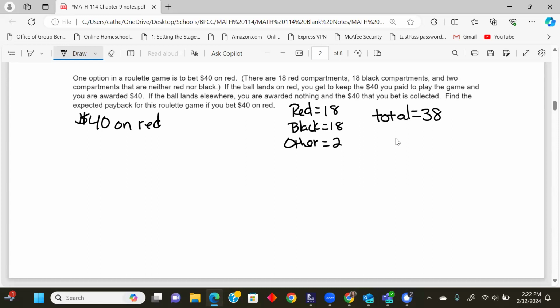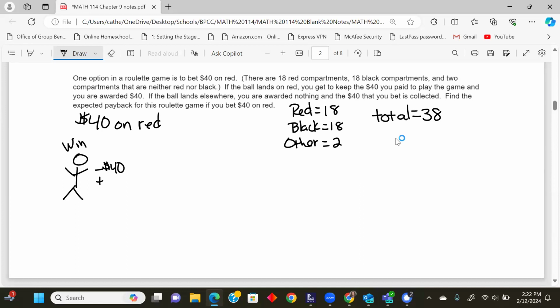If the ball lands on red, you get to keep the $40 that you paid to play, and you are awarded $40. If the ball lands somewhere else besides red, you are awarded nothing, and the $40 that you bet is collected. Okay. All right, we win. So we pay $40 to play.